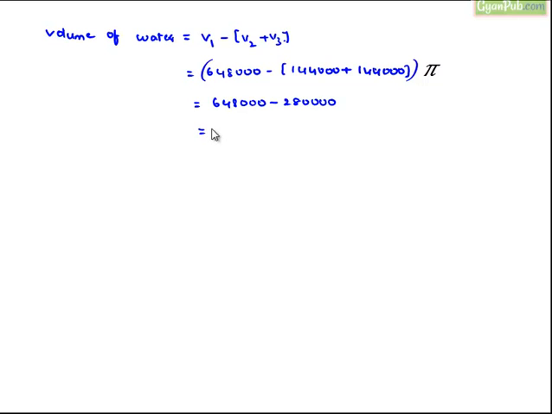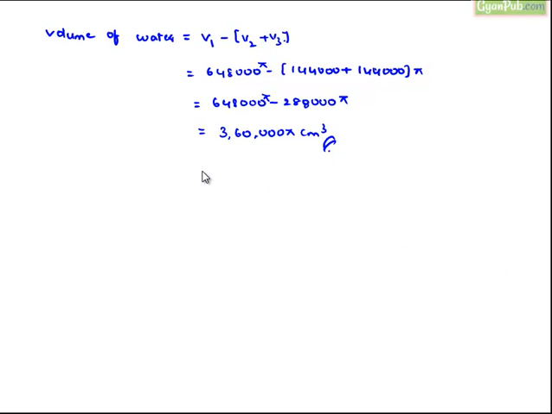Here 1,44,000 plus 1,44,000 is 2,88,000. So we are left with 6,48,000 pi minus 2,88,000 pi, that is 3,60,000 pi centimeter cube. This is the solution.